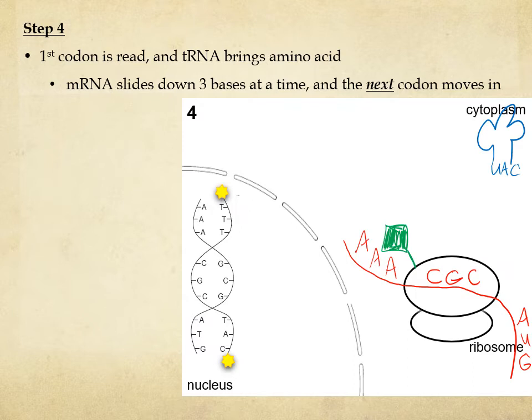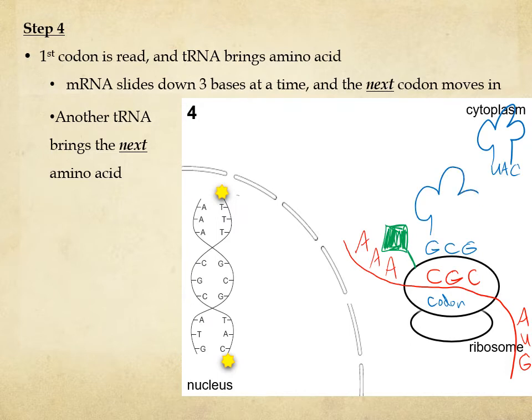So this second codon now tells us which amino acid is next needed, and a second tRNA will deliver that new amino acid. So again, we'll match up what it's going to be. If the codon, let's write that right here, says CGC, what are the opposite and complementary letters going to be? C and G's follow the same rules, so the tRNA now will have to have a G on it with a C and another G, and that again is going to have this little clover leaf shape, and it'll bring in, let's say this is the circular shaped one.